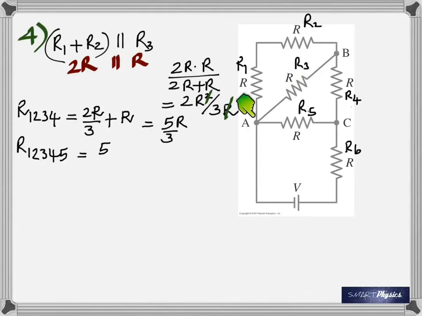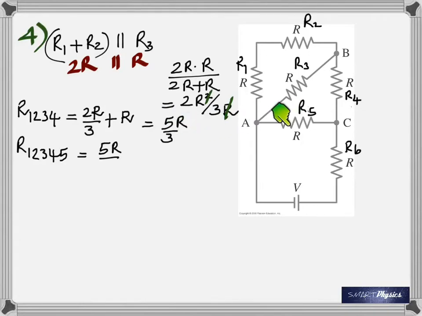And so whatever split here, that total current is going to flow through R4. Therefore, the current through R4 is exactly equal to the current that flows through this combination. That's why R4 is in series. Okay, and that's how we got 5R by 3.